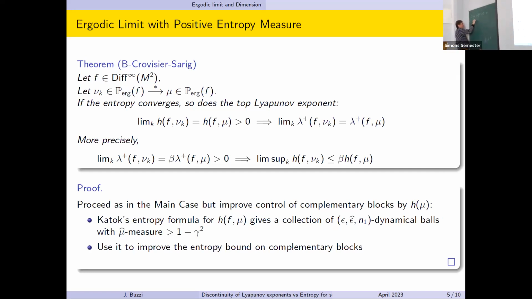There exists an ergodic measure, and for all alpha and beta, there exists a sequence of ergodic measures like in the theorem, which converge weakly to mu, but so that the top exponent converges to beta, along with the exponent of the limit and the entropy.